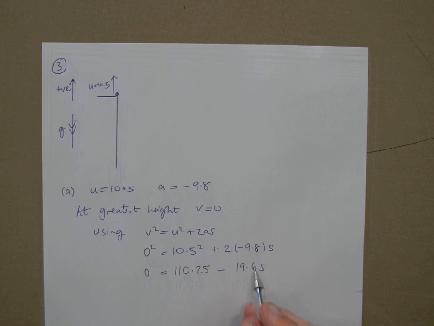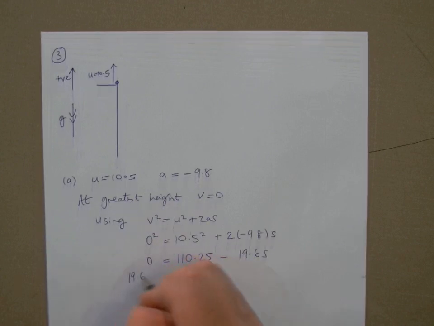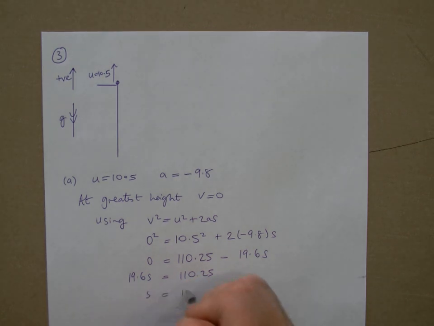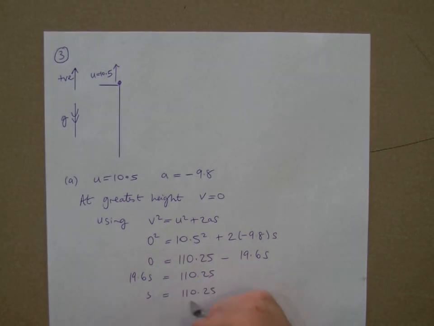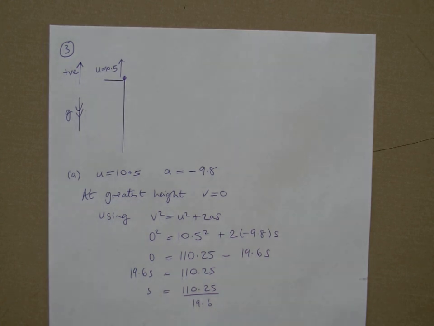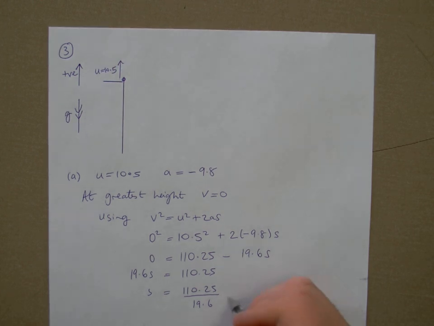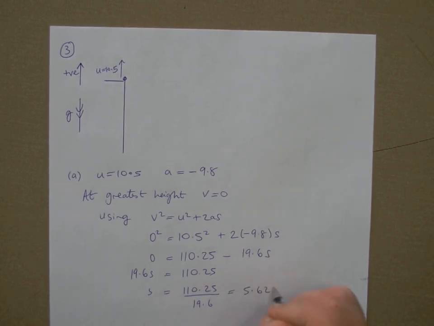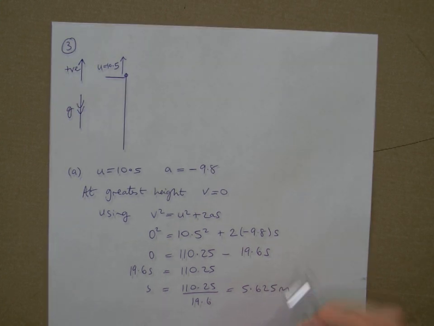To get s, if I take that over, 19.6s equals 110.25. So s is 110.25 divided by 19.6, and that comes out to be 5.625 meters. That's the greatest height.